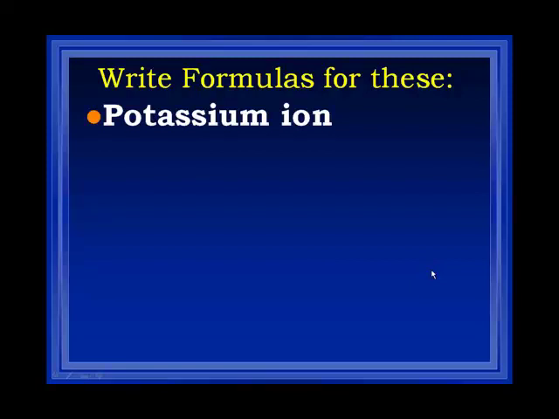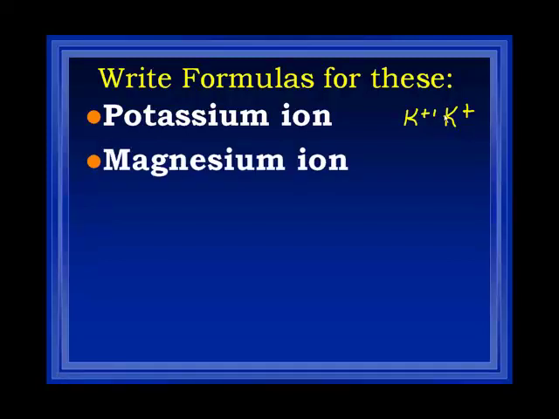Okay, now if we go to write the formulas for these, it says potassium ion. So I should write K+. Okay, K is the symbol for potassium. If I look at the periodic table there at the top, you should have a +1 written. And so you could write K+, or you could write K+1. All of those are acceptable. Your magnesium ion.